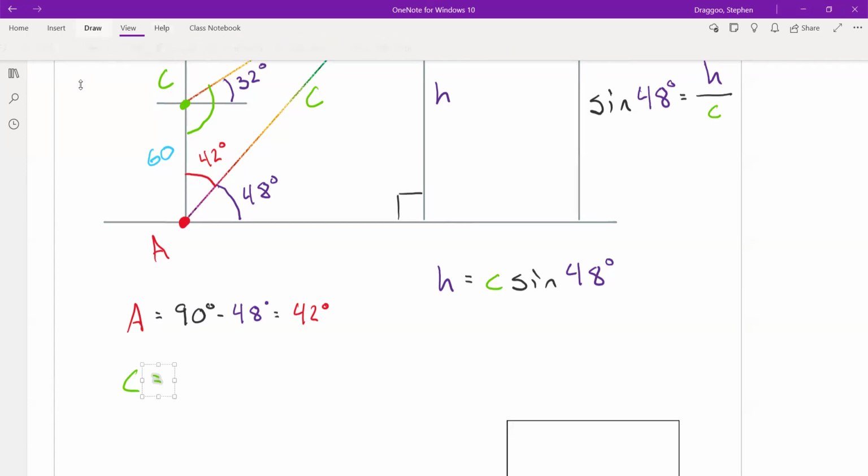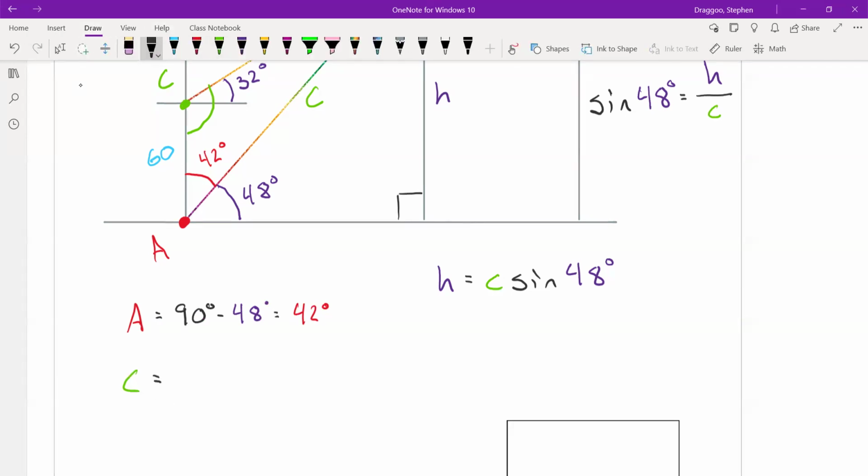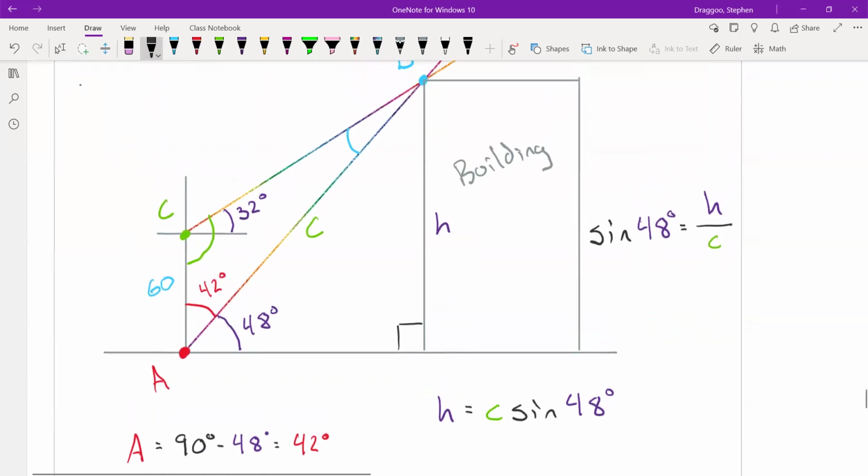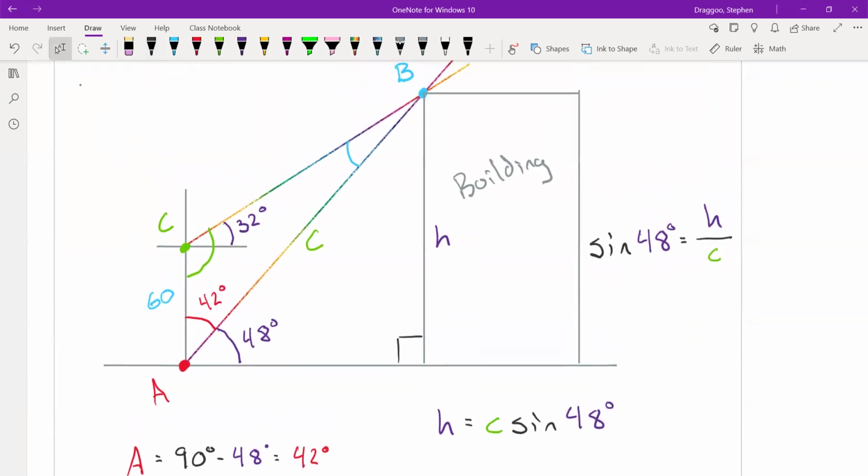So angle C, that must be the sum of 90 degrees and 32 degrees. Since if we look at the way that angle C is constructed, we go from our line that's going straight up in the air all the way up to that diagonal line, that 32-degree angle of elevation to get to point B. So looking at angle C altogether, it's 32 degrees plus the 90 degrees below it.